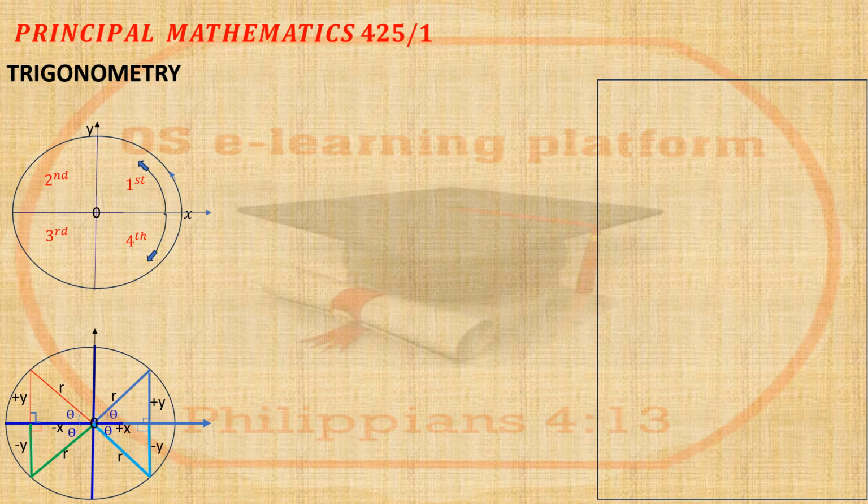We shall also get to realize that in each quadrant there are 3 trigonometric ratios: sine, cos, tan, and also their reciprocals have different signs in these respective quadrants.